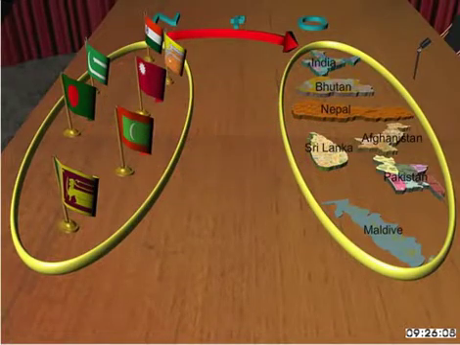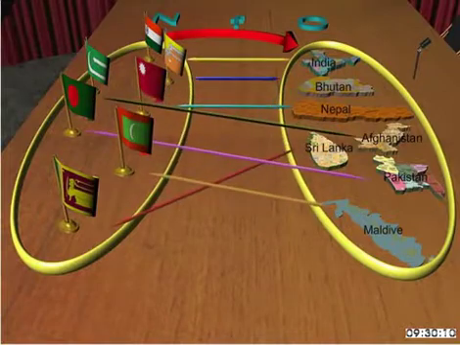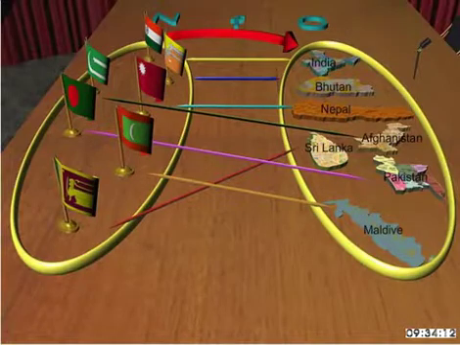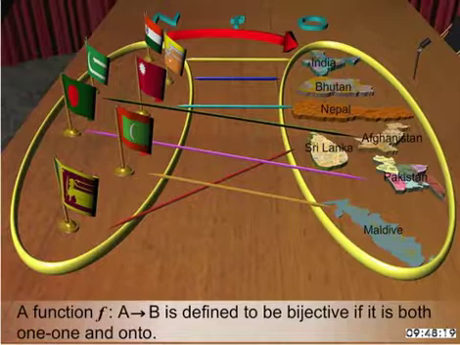Thus, there is a 1:1 correspondence between elements of domain N and codomain O. If the function is both 1:1 and onto, then the function is called a bijective function. For a bijective function, the number of elements in domain and codomain are equal.